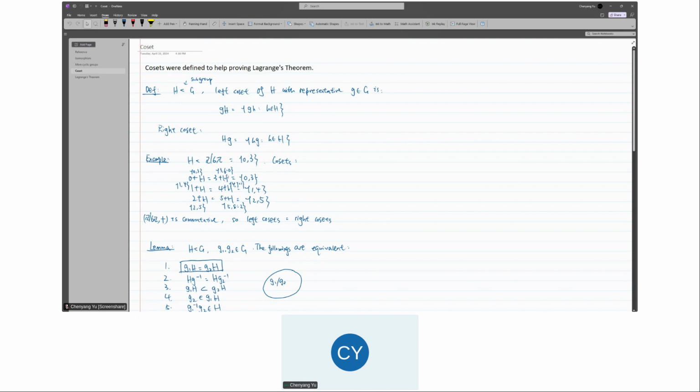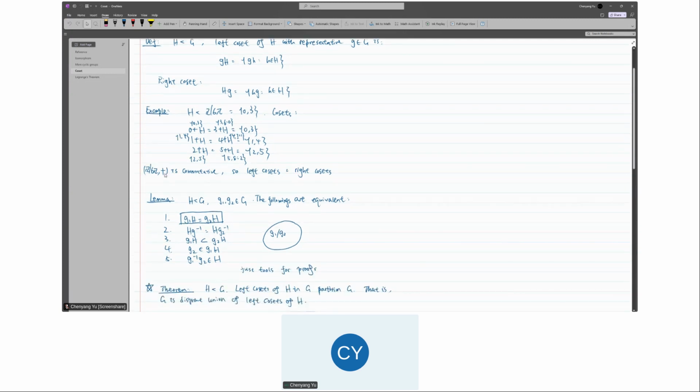There are only 3 cosets, although there are 6 elements, because some of them are equivalent. So 0 plus H is equivalent to 3 plus H, because you can do the arithmetic here. There are only 3 distinct left cosets.